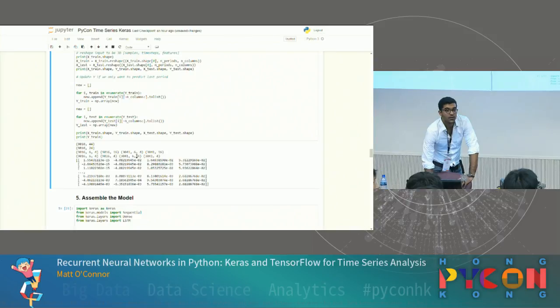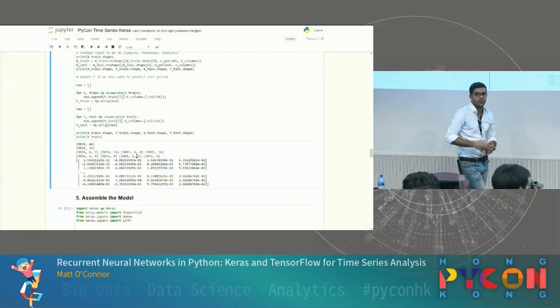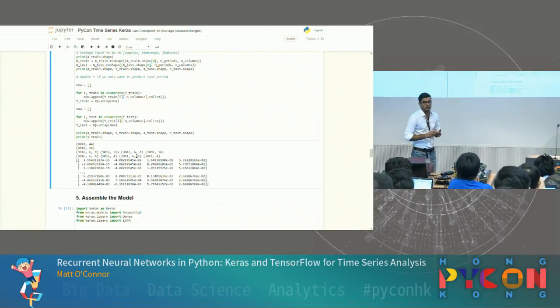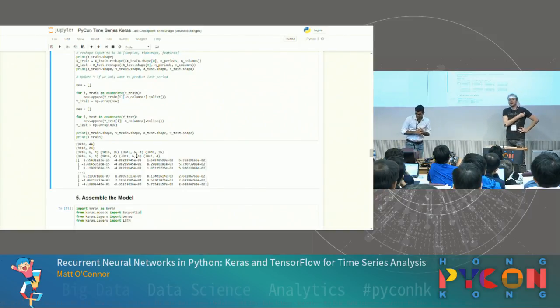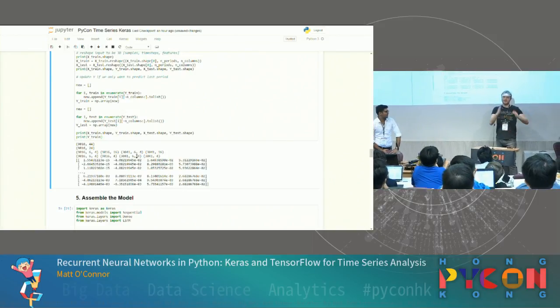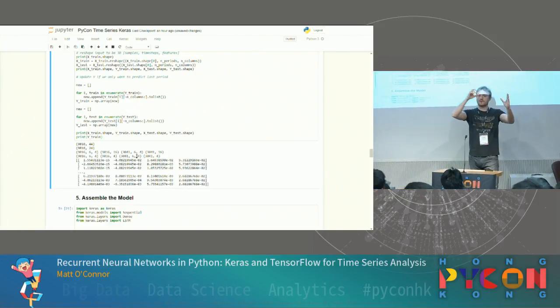Sorry, when you split it like this, don't you assume uniformity across the data set, ignoring that different time periods may have different characteristics? Yeah, definitely. There's a danger in either assumption. I would argue that it's more dangerous to just take one continuous time period and try to predict another one.